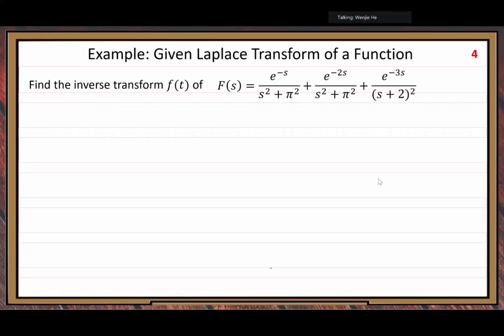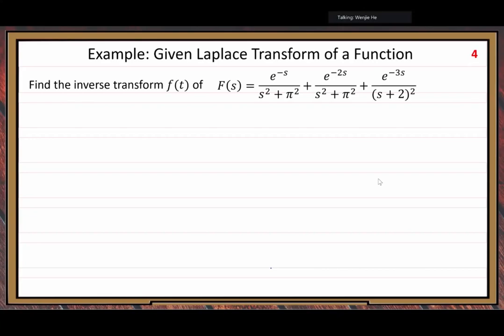Second, the numerators have some e function, right? E to the negative some expression. And that corresponds to our second shifting theorem, right? Second shifting theorem, the e function term appears on the s side. So this part we can apply our second shifting theorem.